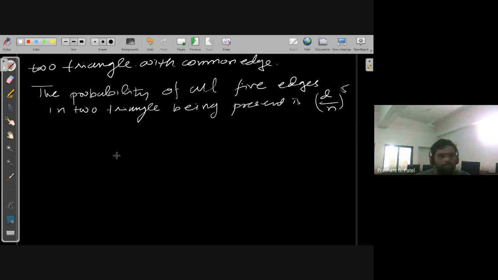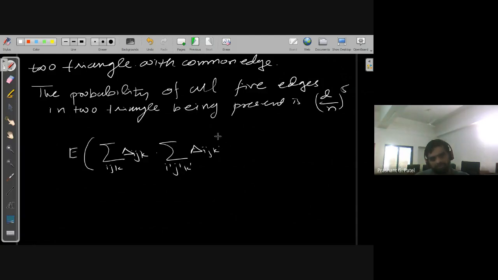Then what will be the expectation of a triangle, that is, delta ijk into summation I dash j dash k dash delta I dash j dash k dash, is equal to how much, if it belongs to S2 now?